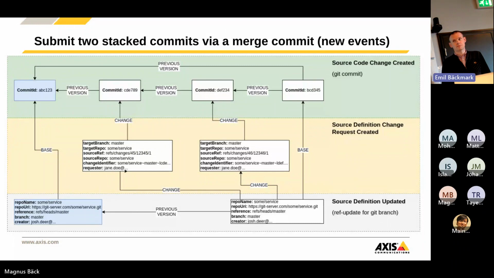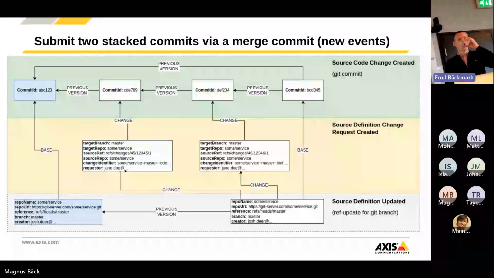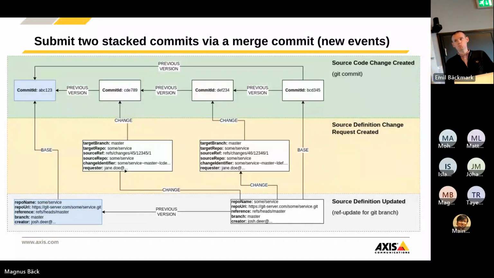For us, it's super convenient because we use the commit ID as a common denominator for most things, like aggregating scan reports, et cetera. So I think it's good to have it.